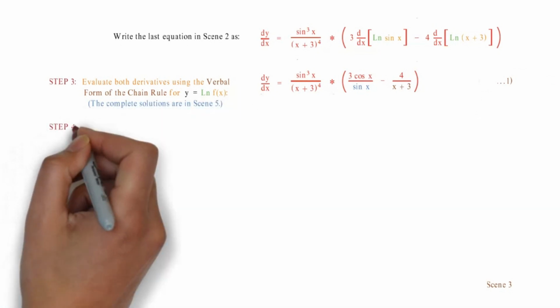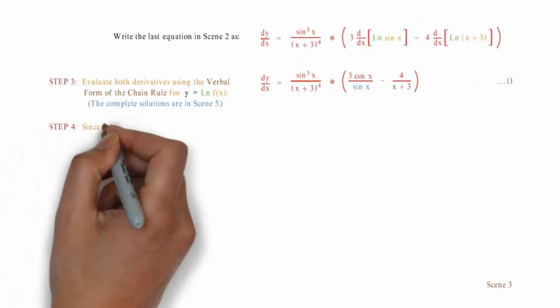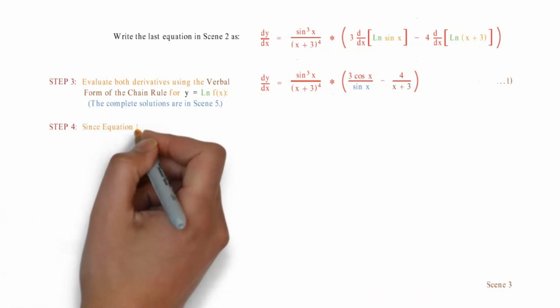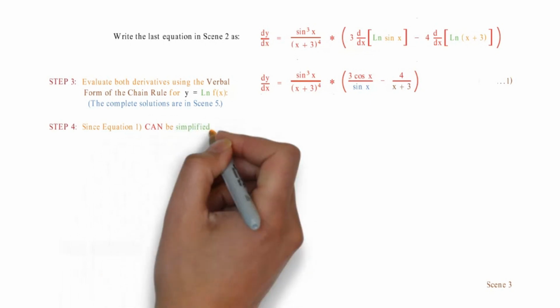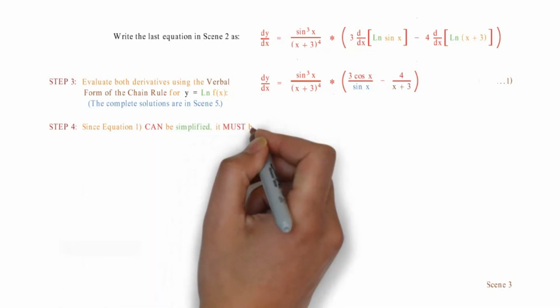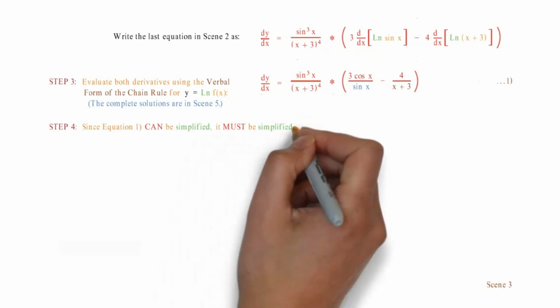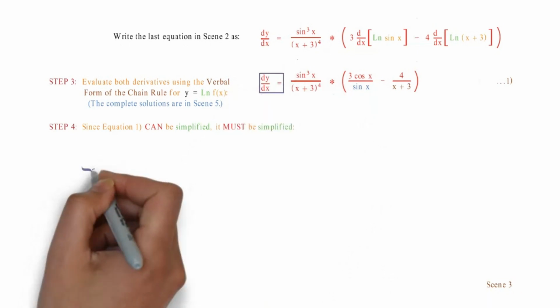Step 4. Since equation 1 can be simplified, it must be simplified. Bring down.